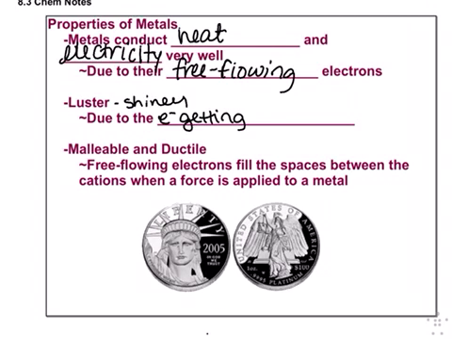And when electrons get excited, they move to higher orbitals or higher energy states.